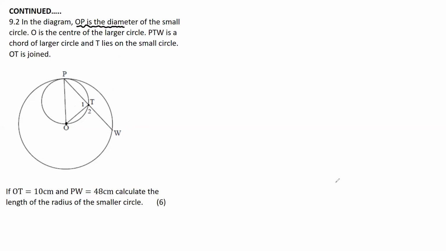OT is joined. OT is 10, so let me just build up. PW, so from here to here, this whole thing, is 48. Thank you. Then what do they want? Calculate the radius of the smaller circle.